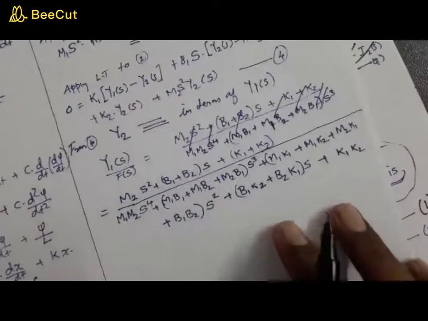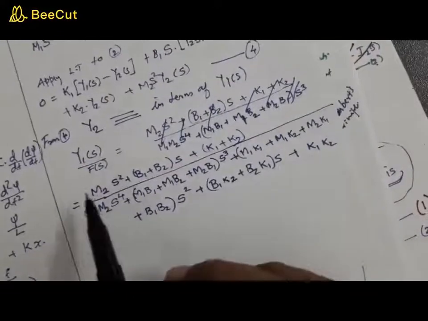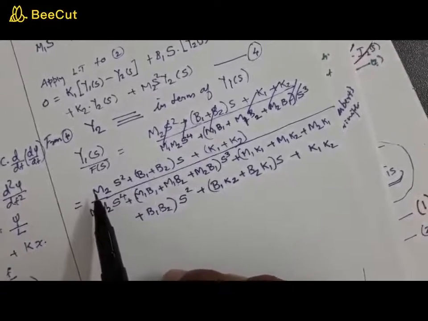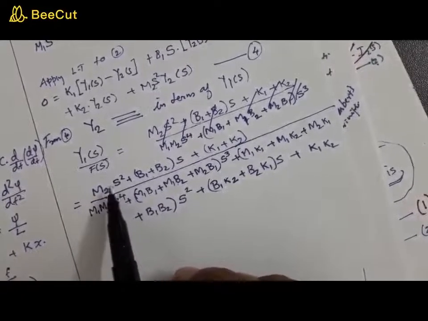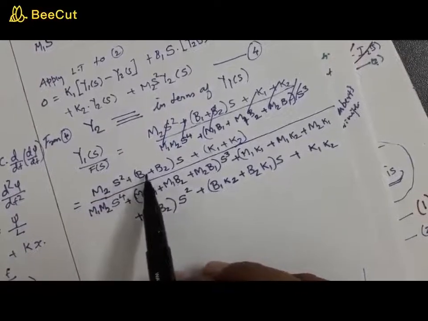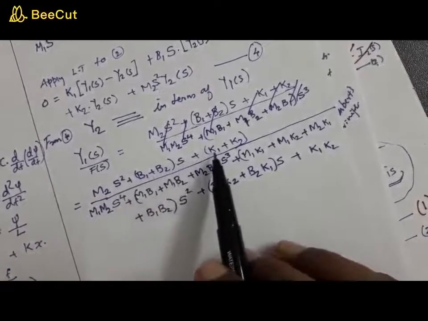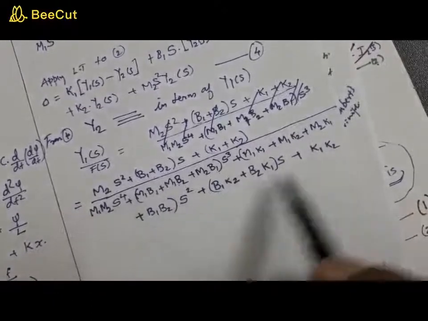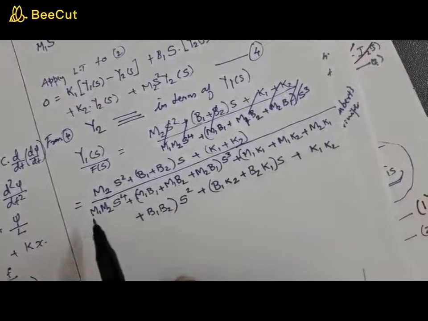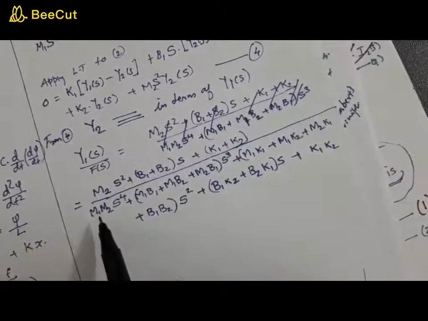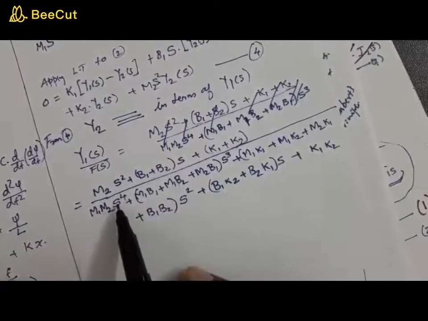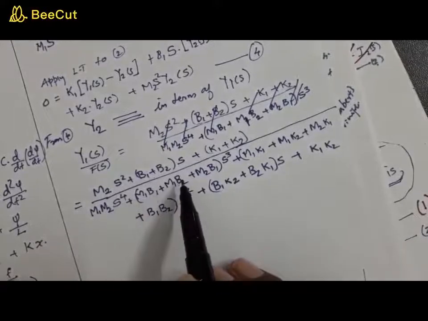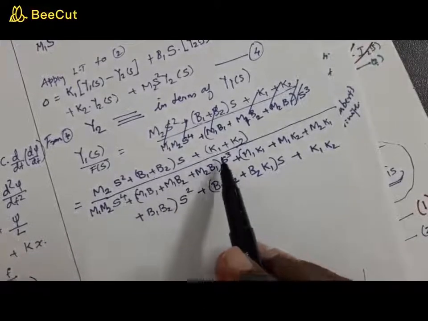After doing as I said, you will get a very long answer. The numerator is m2 s square plus (b1 plus b2) into s plus (k1 plus k2), divided by the denominator, which I'll read for you. It is m1 m2 s raised to 4, plus (m1 b1 plus m1 b2 plus m2 b1) into s cube.